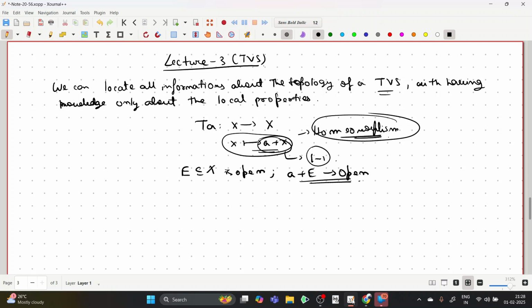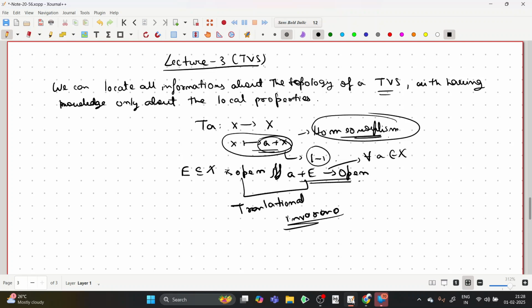This is an if and only if statement. That is, E is open if and only if a plus E is open, and I can check this for all vectors a coming from X, and this was a property which we call translational invariance.